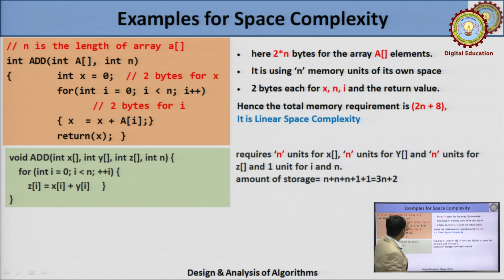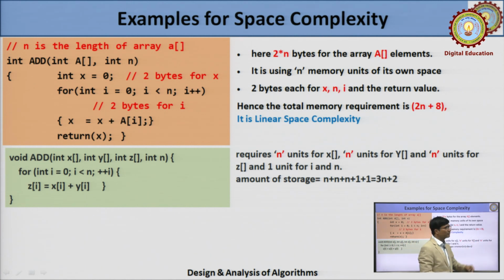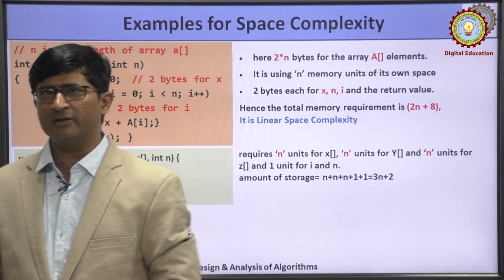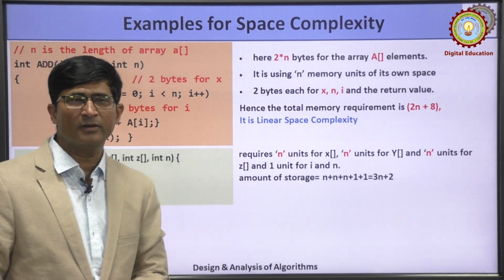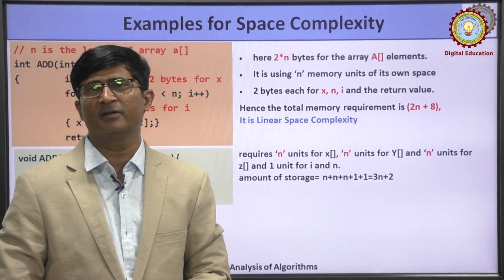And 2 bytes for each of the 3 different variables that are being used in the algorithm, that is x, n and i. So the total space that can be stated is 2n plus 8. So this is a more exact nature, where we have listed down the amount of memory that can be used for each type of variable.